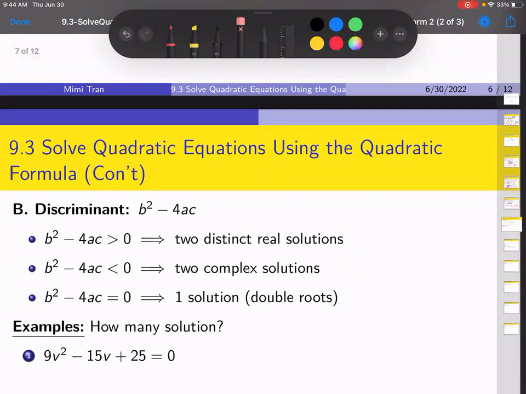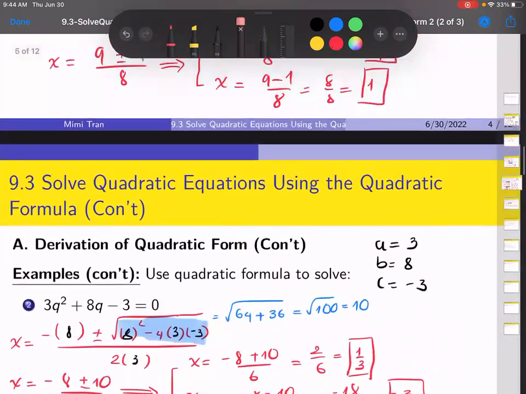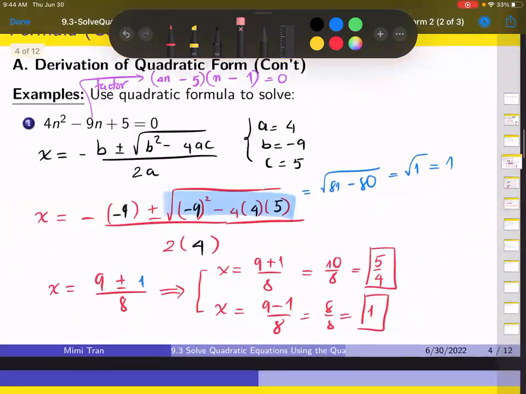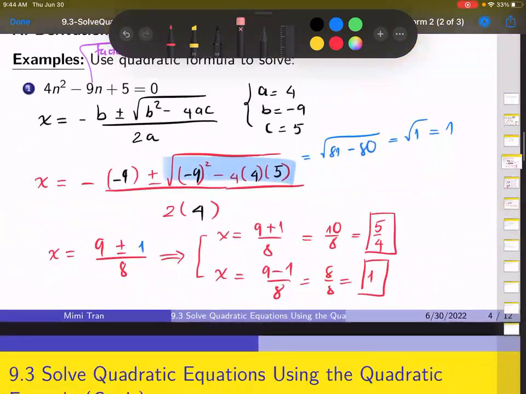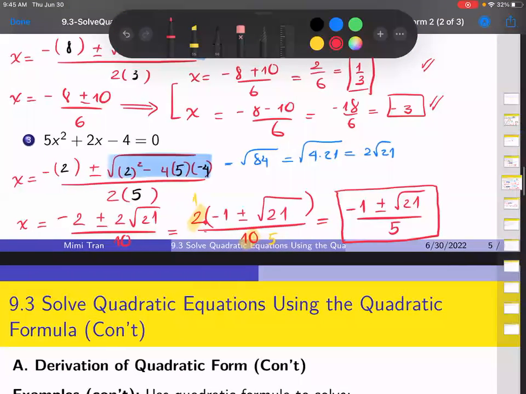Sorry, I didn't give you that example. But anyway, if it's positive, then you have two distinct real solutions. If you look back, number one and number two, it's positive, right? So you have two distinct solutions. Same thing here, it's positive. Same thing here. So even though it's irrational, still two different solutions.